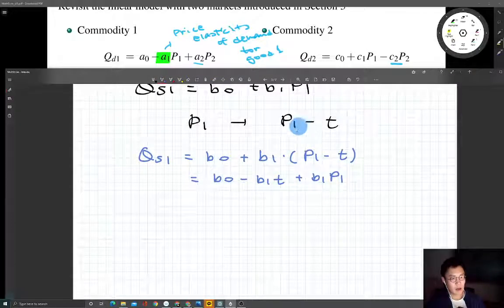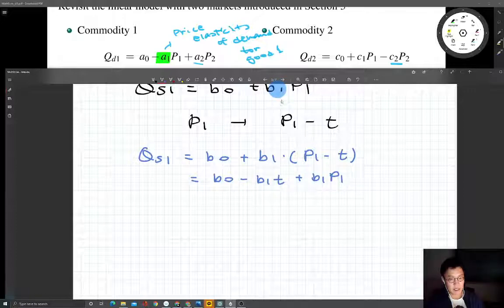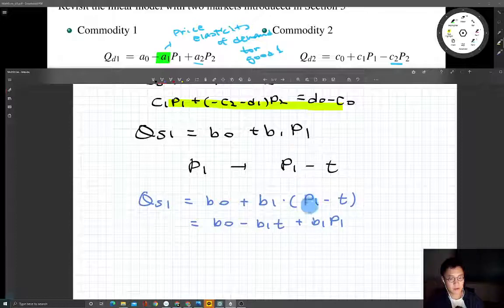After rewriting the supply equation, I can see that the slope of the curve is the same as before. There is no change in the slope. Just the y-intercept goes down by B1 times T.